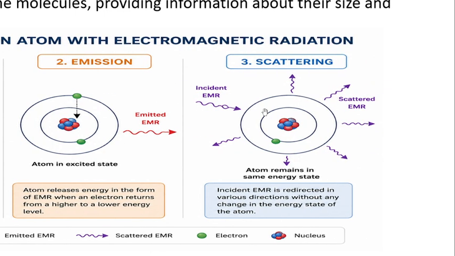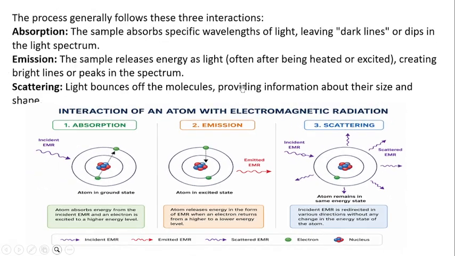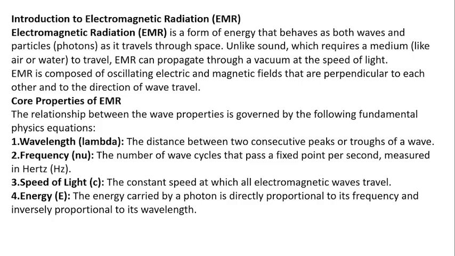And the third interaction is scattering. When the incident electromagnetic radiation interacts with the atomic structure of the matter, it gets redirected into various directions, and that phenomenon is nothing but scattering. So these are the three interactions of electromagnetic radiation with matter.